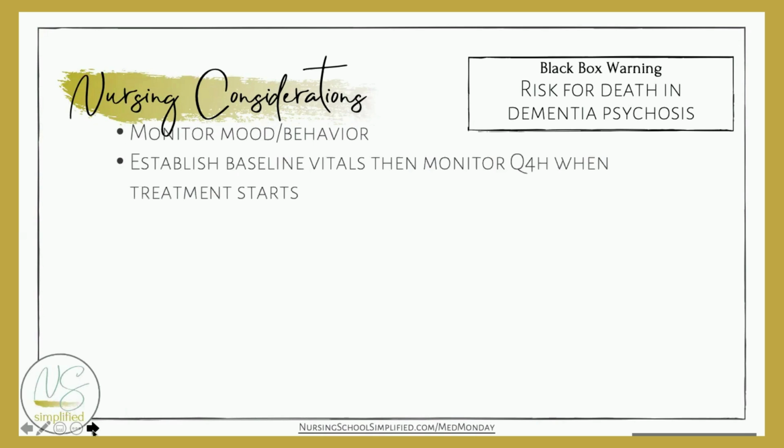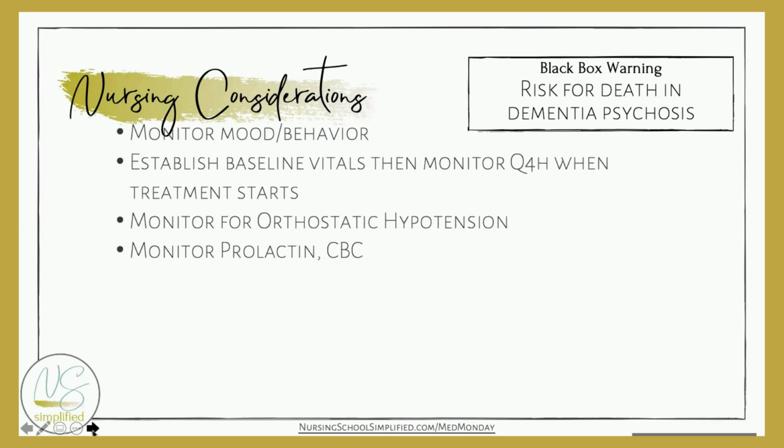We want to establish baseline vitals and then monitor every 4 hours when we initiate treatment. We want to monitor our patients for orthostatic hypotension, and this usually resolves as therapy goes on. We want to monitor our prolactin and our CBC, and now that I think about it, we should be looking at a baseline creatinine for our renal function and our liver panel.